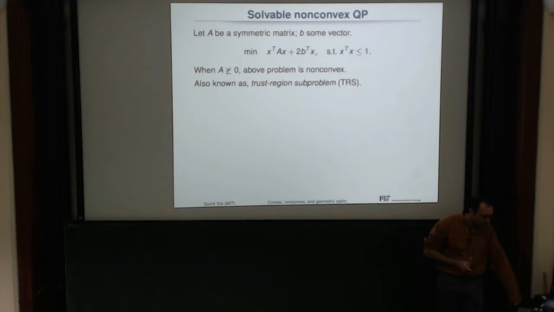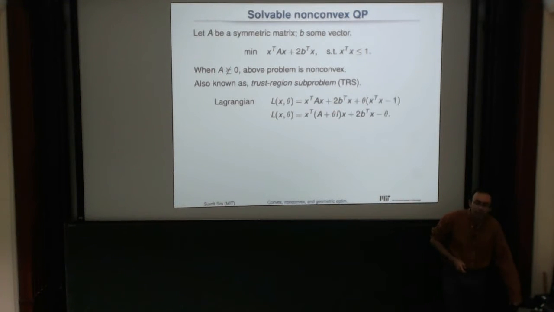Anyhow, this problem is solvable, which can actually be shown from exercise 1 in lecture 1, but we'll not see how. Let's just look at the default way. I write this Lagrangian. I'm trying to build a dual here, if you remember. I introduced a Lagrange multiplier to deal with the constraint.